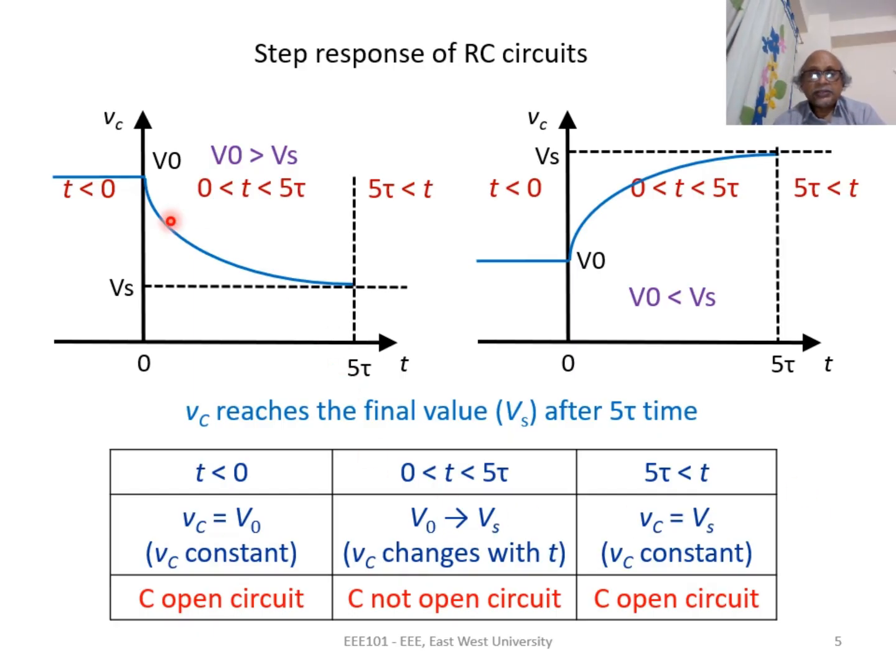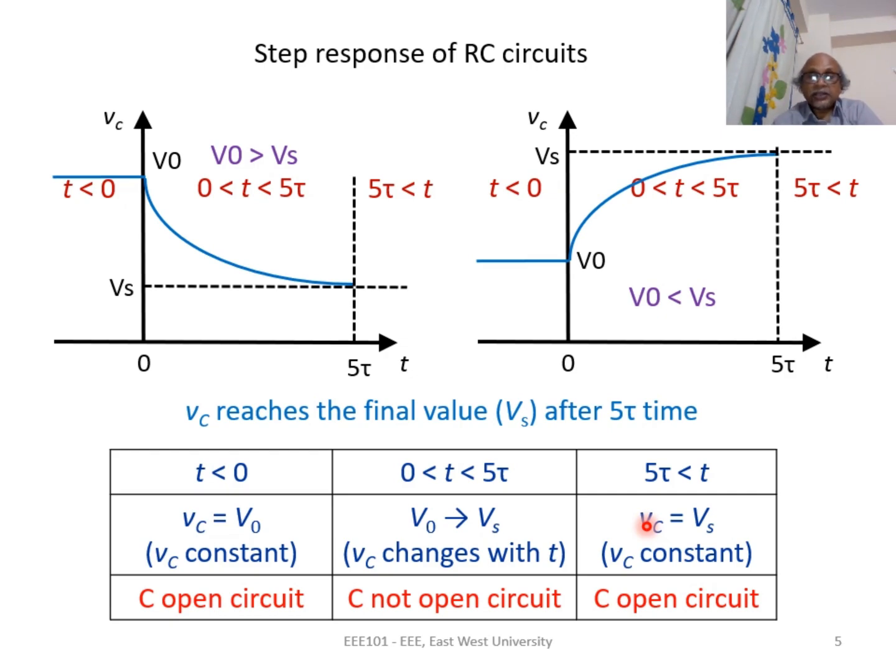However, between 0 and 5 tau, the capacitor voltage is changing. From t equal to 0 to t equal to 5 tau, the capacitor voltage changes from V0 to Vs. Now in this time zone, because the capacitor voltage is changing with time, the DC condition does not prevail.